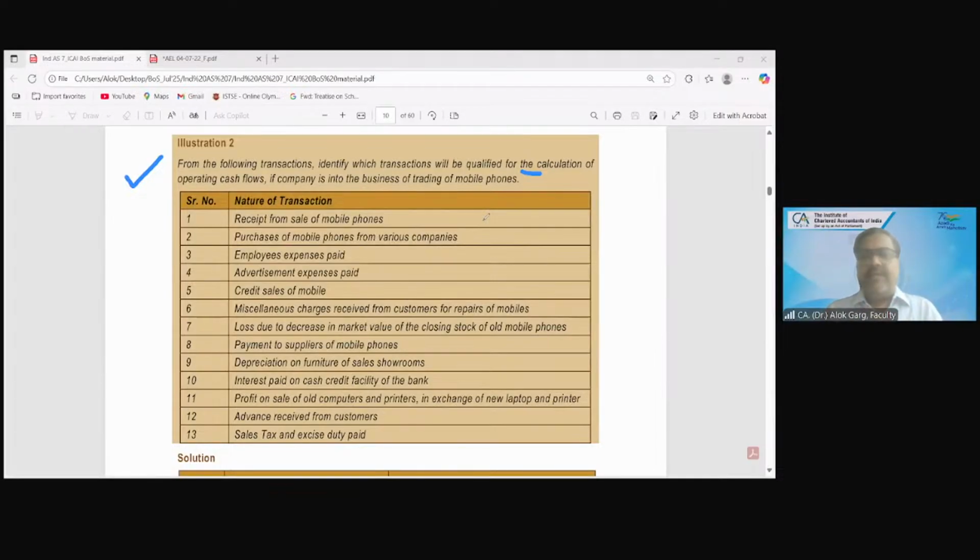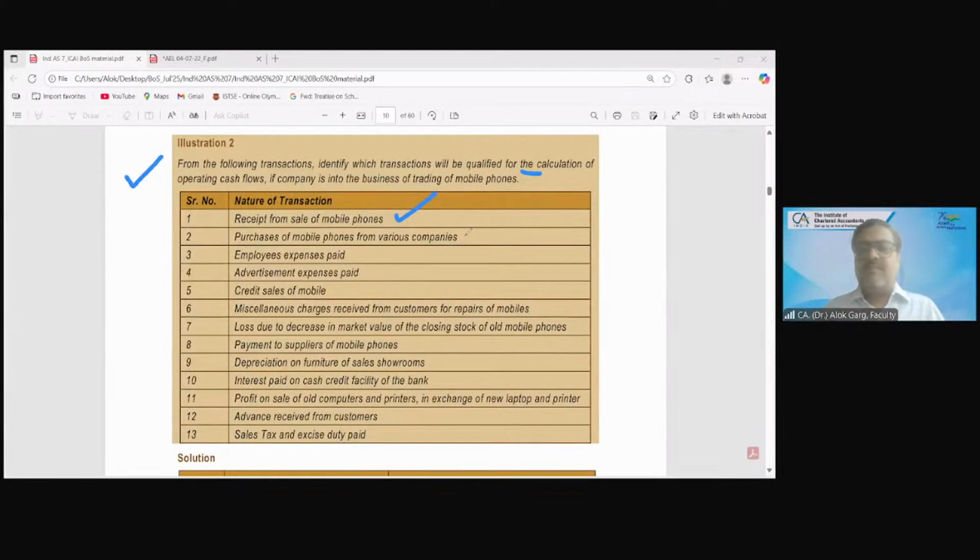Yes. Receipt from sale of mobile phones. Is it an operating activity or not? It is an operating activity. Purchase of mobile phones from various companies. You are paying money to purchase your mobile phones.